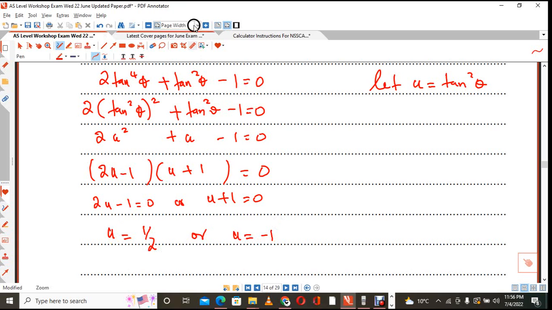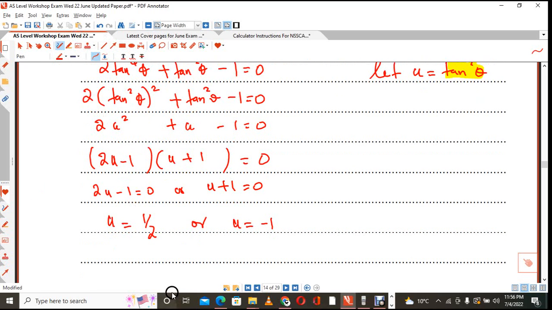But I'm not looking for u, so I'm going to replace my u with tan square theta. So that is tan square theta equals 1/2, or tan square theta equals negative 1. Now, in order for me to get rid of that square, I need to take the square root, which is a positive or negative number, of 0.5.